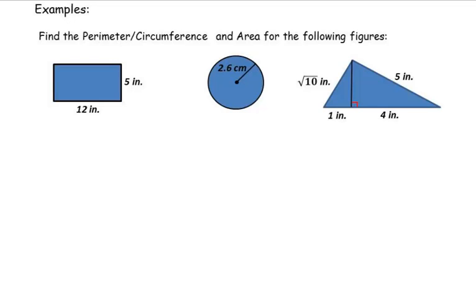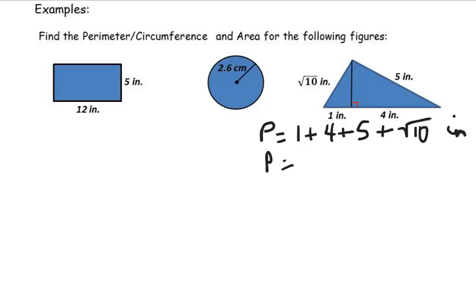Here is my triangle. So we're going to do perimeter. The perimeter, remember, we add up all the sides. So for perimeter of this triangle, I've got a 1 plus 4 inches plus 5 inches plus a square root of 10. And these are all in inches. So remember, when I add up all of these terms, I'm adding up like terms, inches.